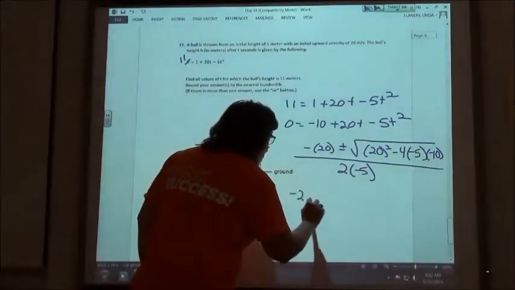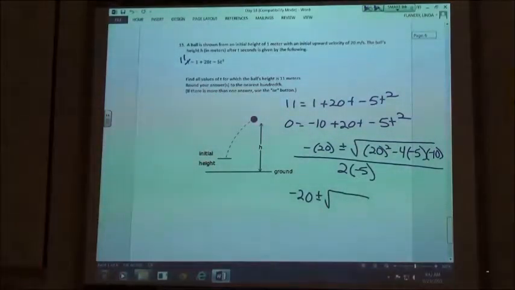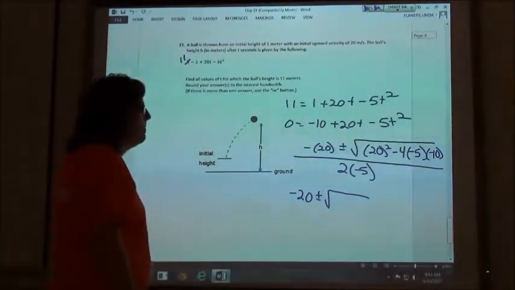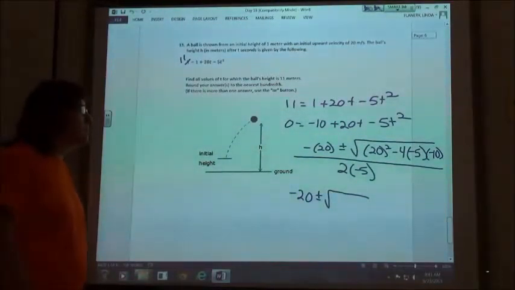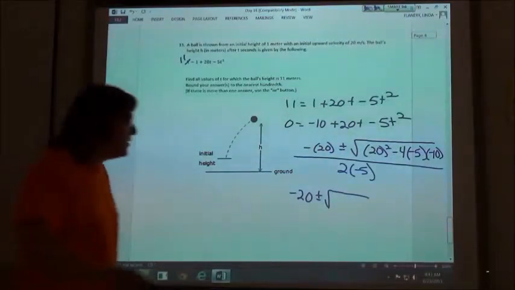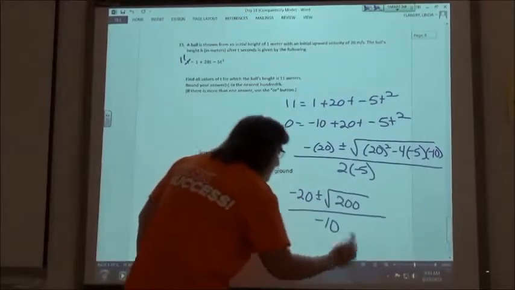So negative 20 plus or minus the square root of, and what kind of mess do you get under the square root this time? Good. 200 over negative 10 then.